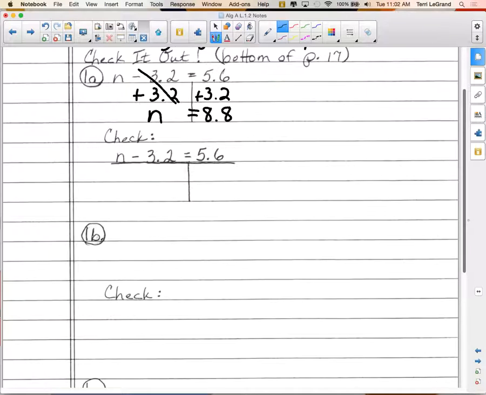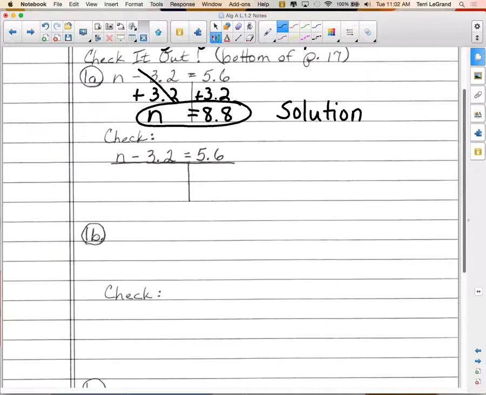Adding, subtracting, solution. The solution, yeah. I want you to write that. I want you to circle n equals 8 8/10. We just found the solution. We found the one and only value that makes that equation true.